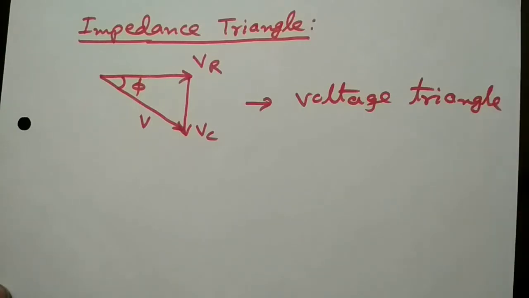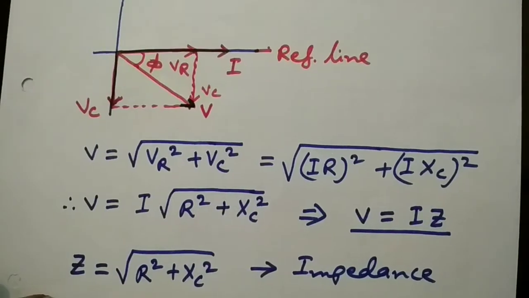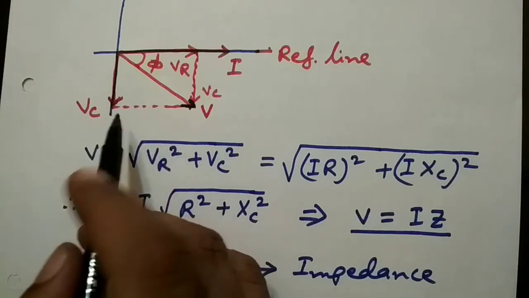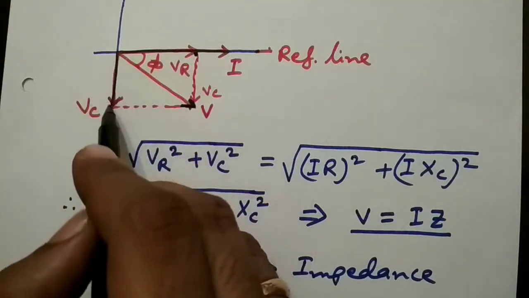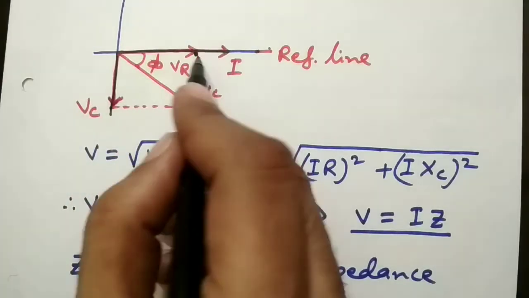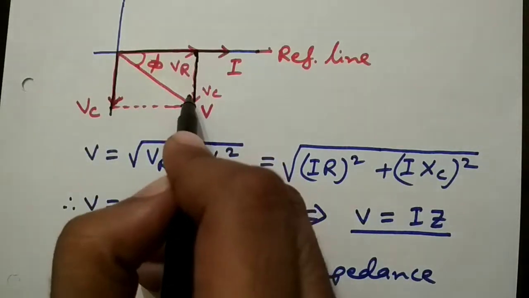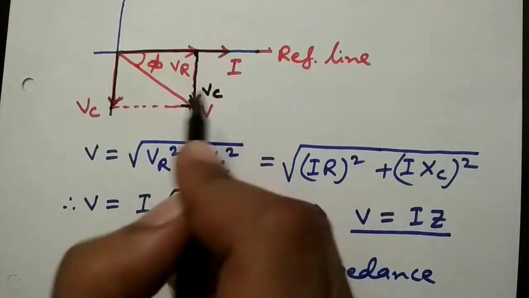Now the impedance triangle. If we see the original phasor diagram that we drew initially, showing the relations between voltages, here we can see that this is VR, it is VC, and the resultant is V. If we rearrange these three voltages, then VC can be drawn here also.